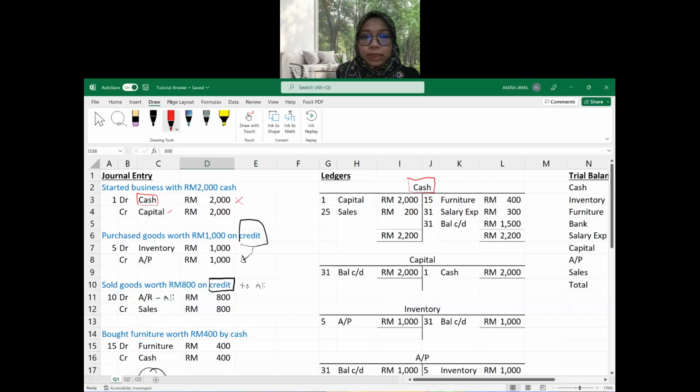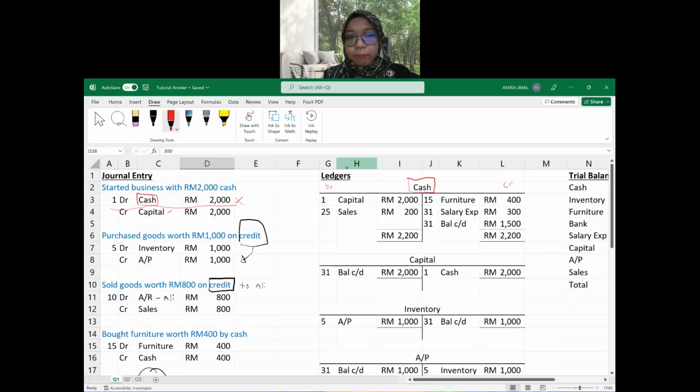This is the debit side, this is the credit side. Let's look at the first one first: cash, so we open the cash account.